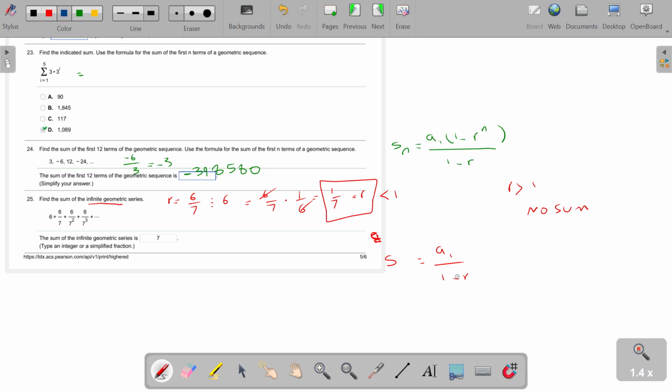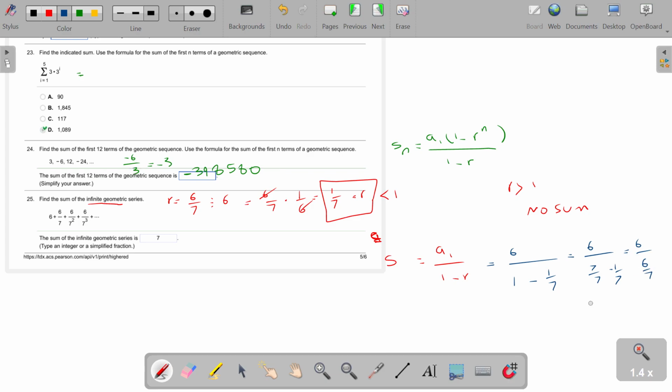Okay, so here, the first term is 6, and the r value is 1 over 7. Now if I use my calculator, or I can just find it on my own, 6 over 1 minus 1 over 7. I can write 1 as 7 over 7 minus 1 over 7. That's 6 over 7.